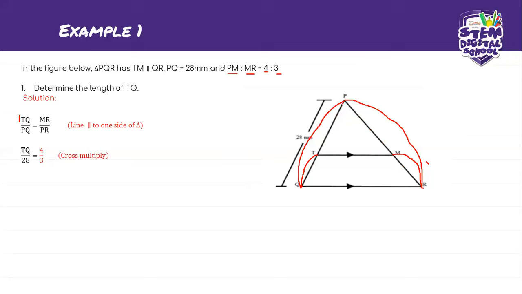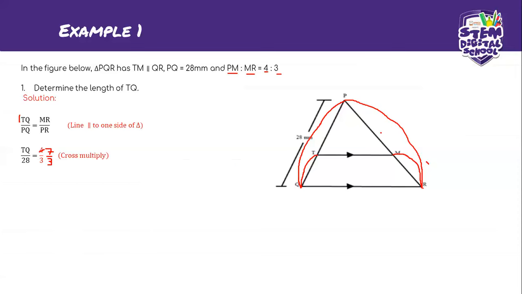Let me check. Oh, it's supposed to be, it was 4 here and then 3. Actually, it was supposed to be 7 here. This is 7. Now it's going to be 7 divided by 3.